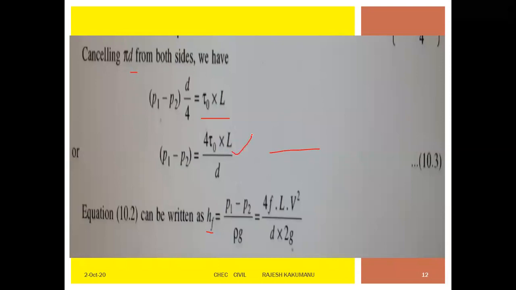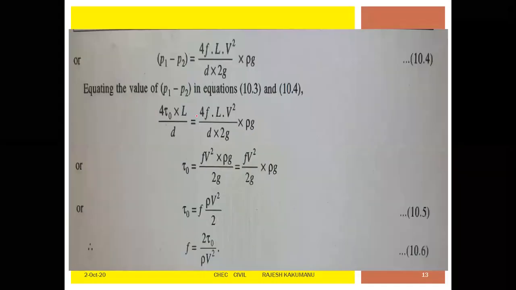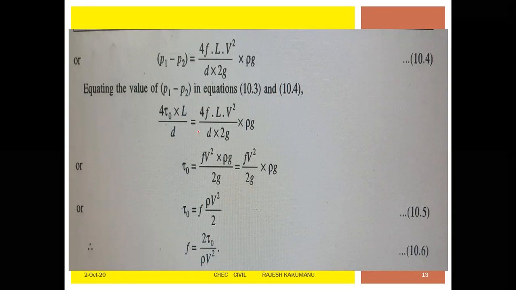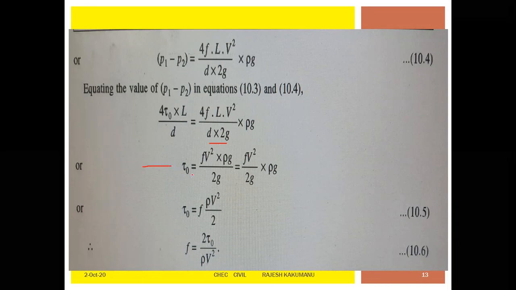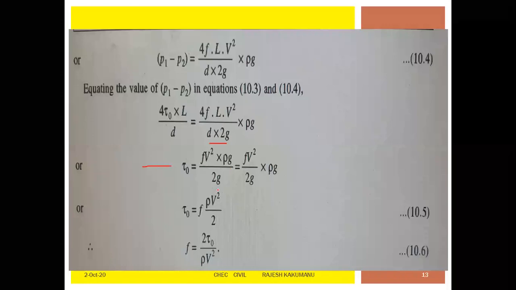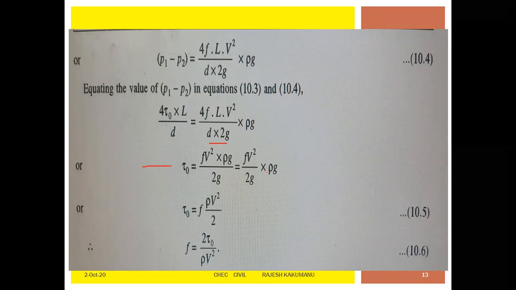We took this one, so substitute here. 4 tau 0 into L divided by D is equals to the same 4 into f into L into V square divided by 2 into 2G into D, into rho G. Therefore, take the shear stress outside. Tau 0 is equals to f V square into rho G divided by 2G, is equals to f V square by 2G into rho G, right?